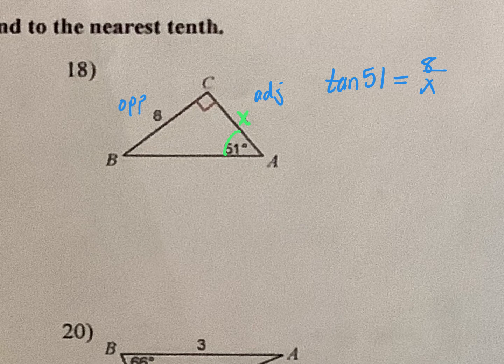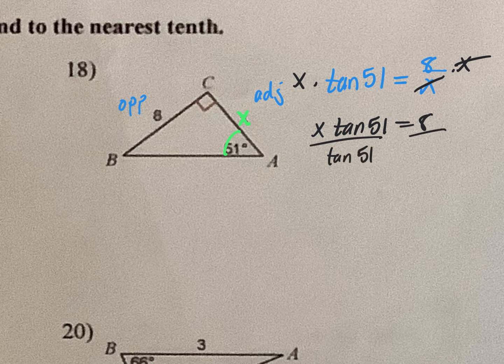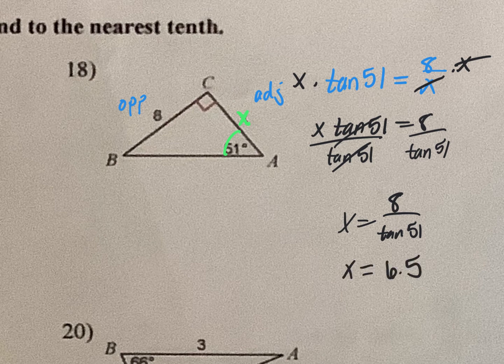Same process as before. Multiply both sides by x. So that one should be 6.5, rounding to the nearest tenth, or 6.48, however you did it.